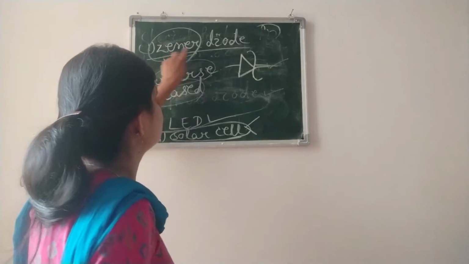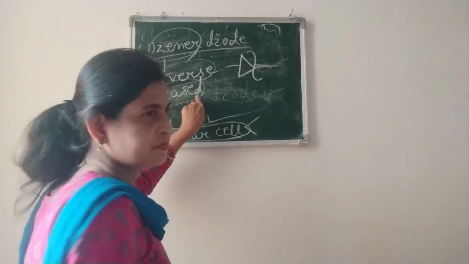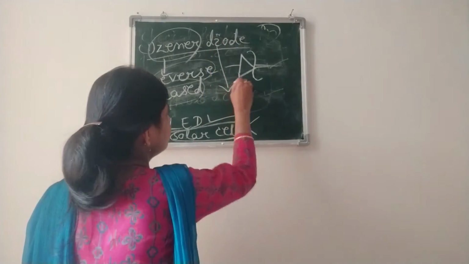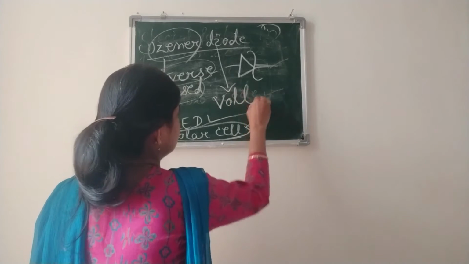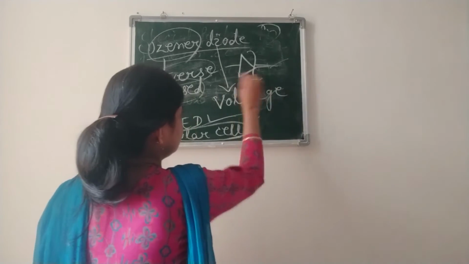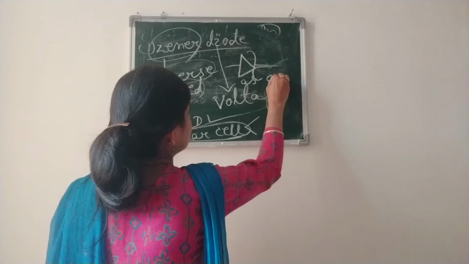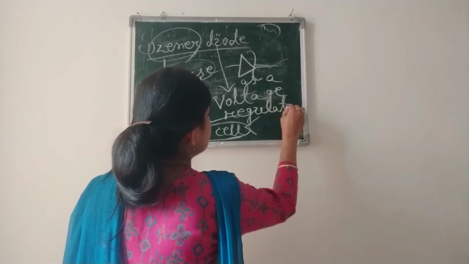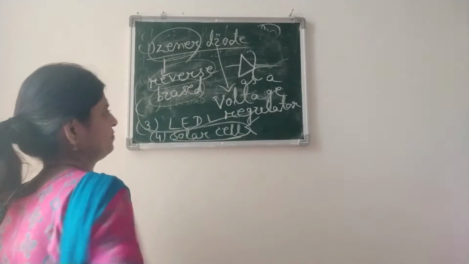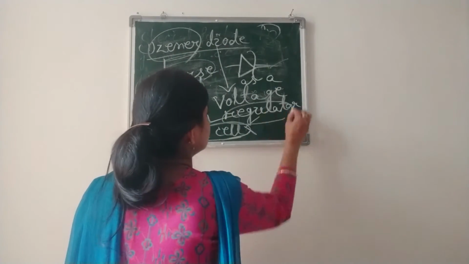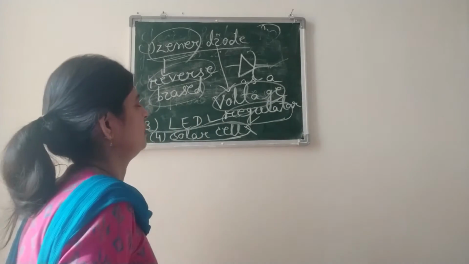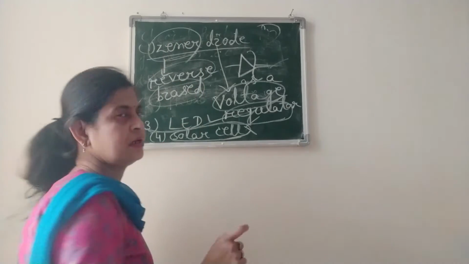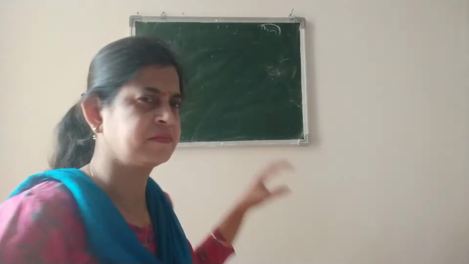So remember, Zener diode works only on reverse bias. Another important property is that it is also used as a voltage regulator. That means if we use the Zener diode, then the output voltage can be regulated with the help of the Zener diode.